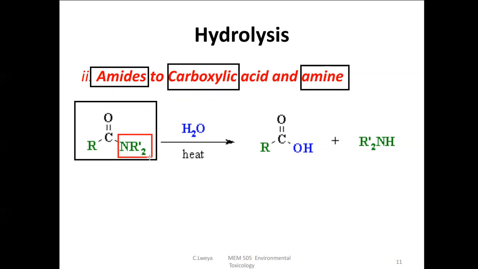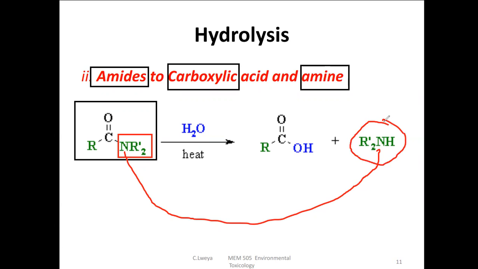Look here, we've got nitrogen and the chain. There we had oxygen and the chain. Because of the presence of this nitrogen, instead of producing an alcohol, we're going to produce an amine. So two compounds undergo hydrolysis: an amide to form a carboxylic acid and an amine, and an ester to form a carboxylic acid as well as an alcohol.